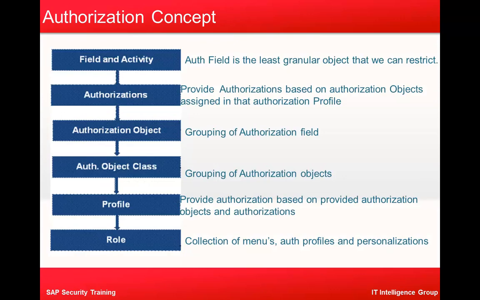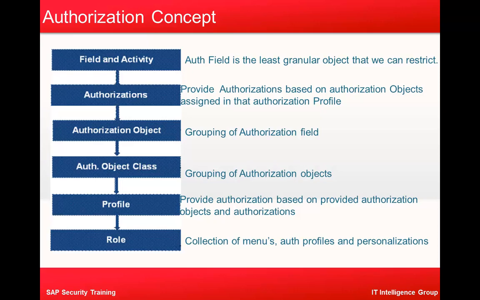In this chart you are seeing the layers, which layer is at the top and which is at the bottom. Fields and activity together we call authorization. Multiple authorizations are there in an authorization object.